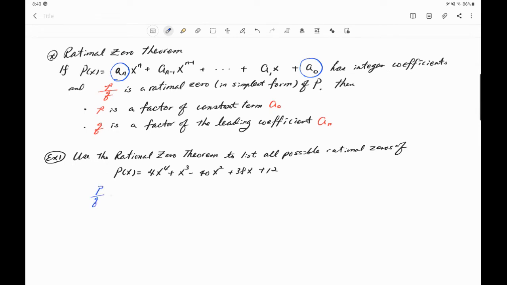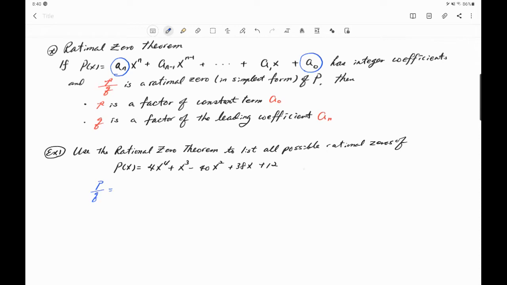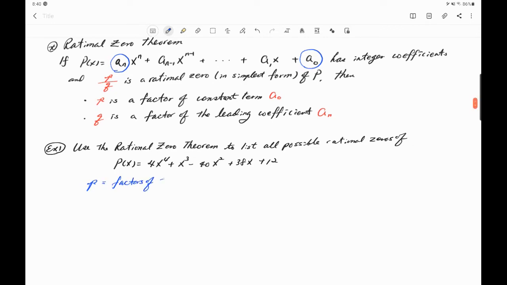Then p is what? p is a factor of the constant, the last one. p is a lowercase letter. The p's are the factors of the constant term. All right, so 12 is the constant, right? This is the constant.